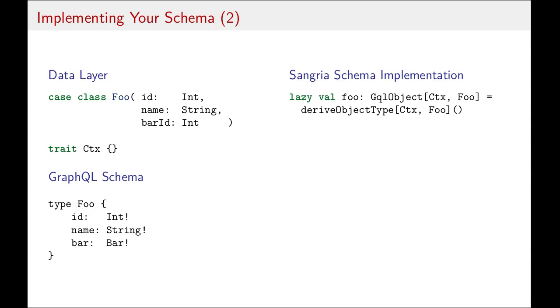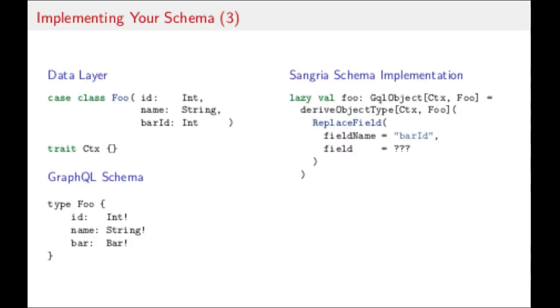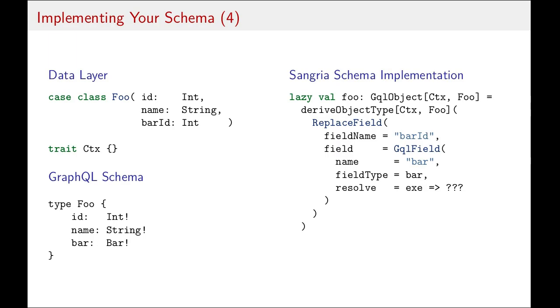Well, the macros can be given directives, again from the library. This comes from the library as well, but it's an argument to the macro that says we want to replace the bar ID field with something else. Well, with what? We want to replace bar ID with a GraphQL field whose name is bar, whose field type is lowercase bar.